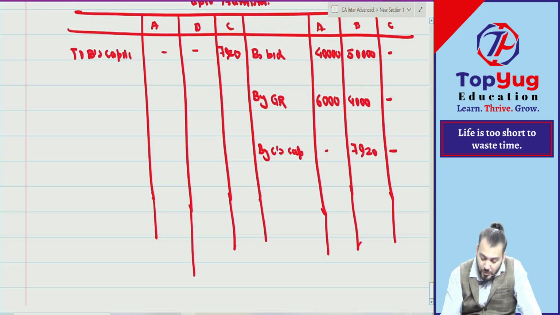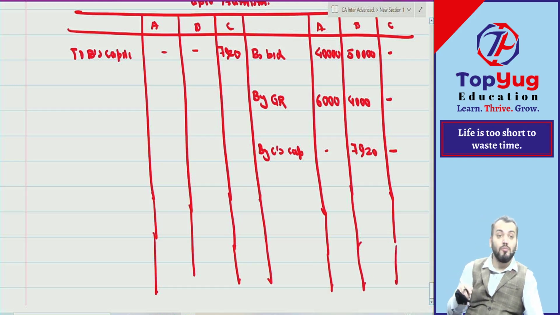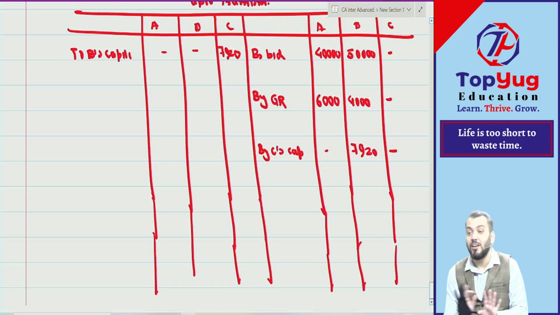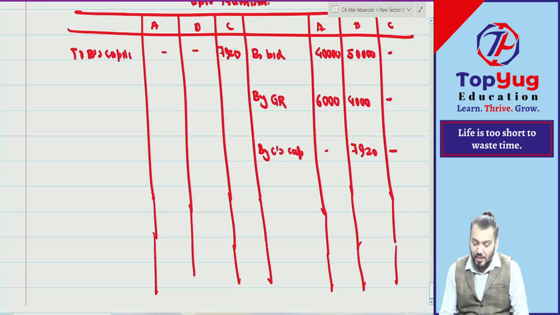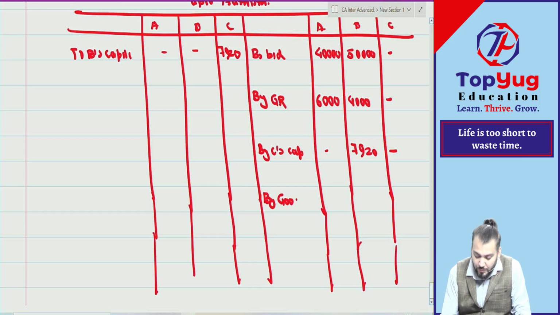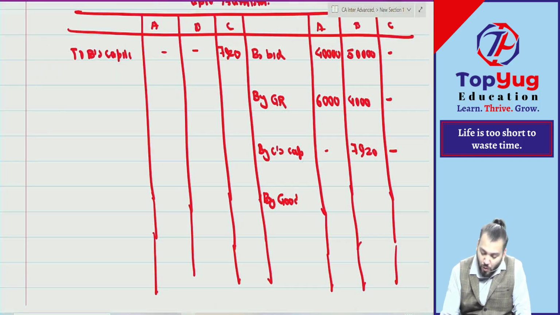Understood? Now because it is given in the question that goodwill will appear in the balance sheet, this is done only when the question says so, otherwise we will not raise goodwill. So goodwill should appear in the balance sheet, meaning they want us to raise goodwill. We will pass an entry: goodwill account debit to all partners, that is, old partners.